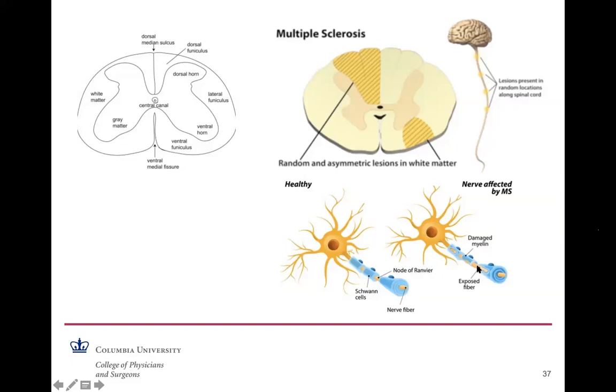And when you have damage to the myelin, as I mentioned, the myelin is important in the brain's ability to conduct information in a very fast and speedy way. And so if the myelin is damaged, then the conduction is impaired, and the brain can no longer conduct these important impulses efficiently. And that failure of conduction is manifested as symptoms of multiple sclerosis.